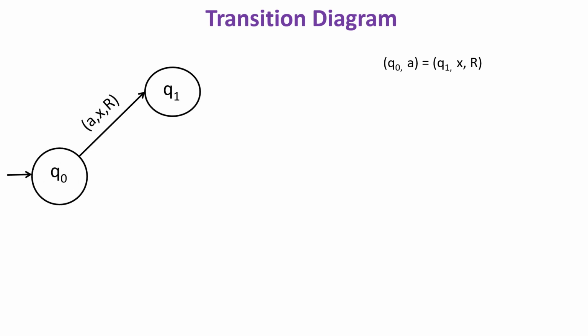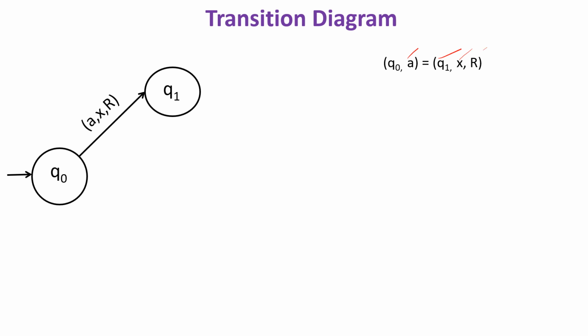Once we have obtained the delta transitions, we can represent the transition diagram. So let us see how to represent the transition diagram for this particular language. The first delta transition is Q0 A going to Q1 X R. So Q0 is the initial state having a transition to Q1 where A is replaced as X, move towards the right.